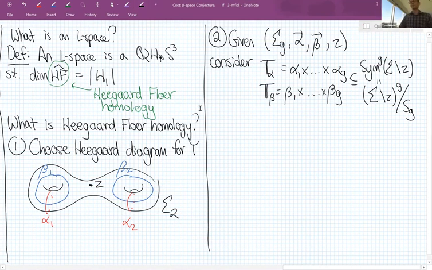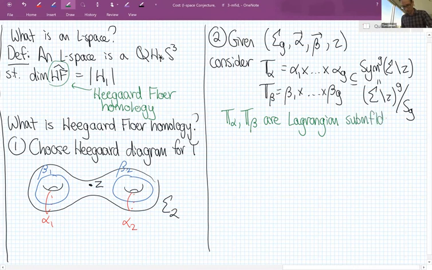Okay, so now I have these, and it turns out there's a nice symplectic structure on the symmetric product, and the T alpha and T beta, these tori, are Lagrangians. These are Lagrangian submanifolds of this strange symmetric product manifold.